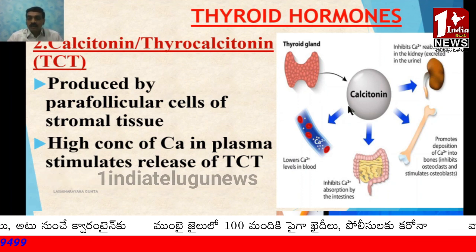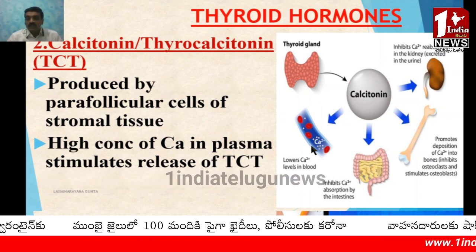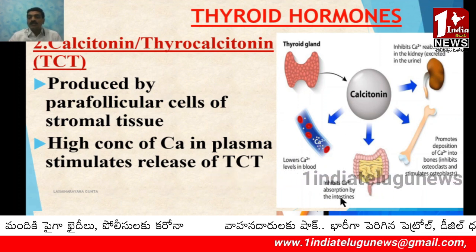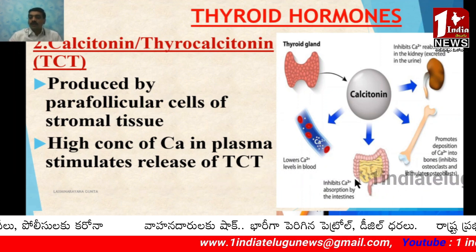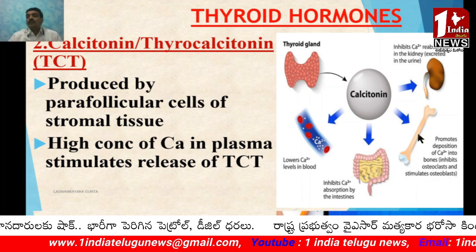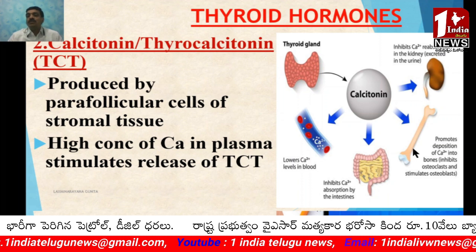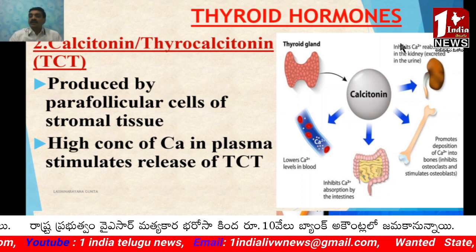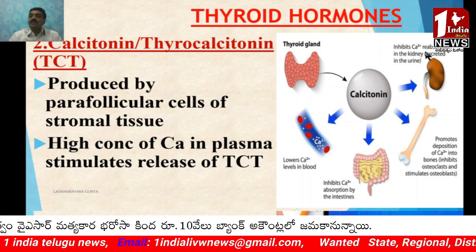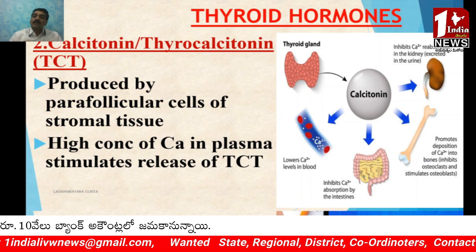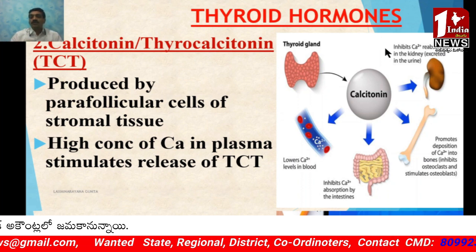As calcitonin is released, it lowers the calcium levels in the blood, and it also inhibits the digestive tract from absorbing calcium ions, and it promotes the deposition of calcium into the bones. In the kidneys, it inhibits calcium reabsorption, thereby excess amounts of calcium are excreted through the urine.